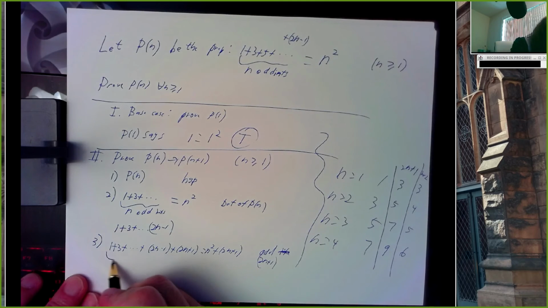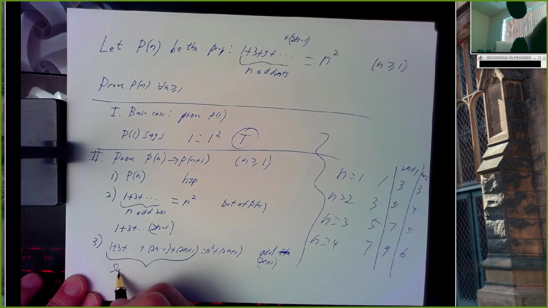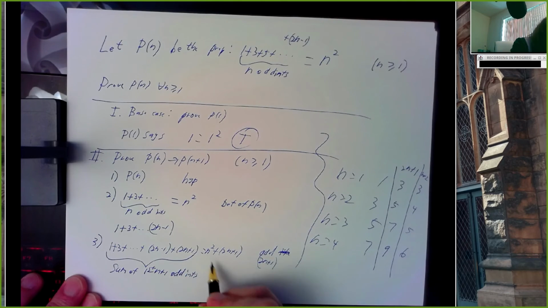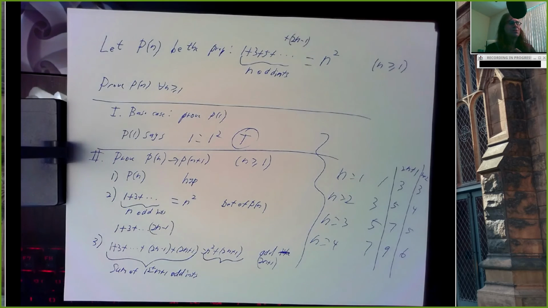Well, this is the sum of the first n plus 1 odd integers. And what does this look like? n squared plus 2n plus 1. Can I write that in some different form?